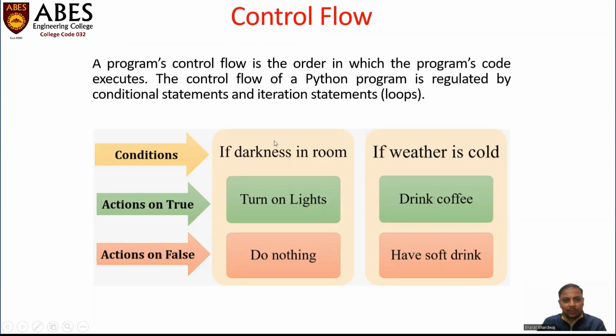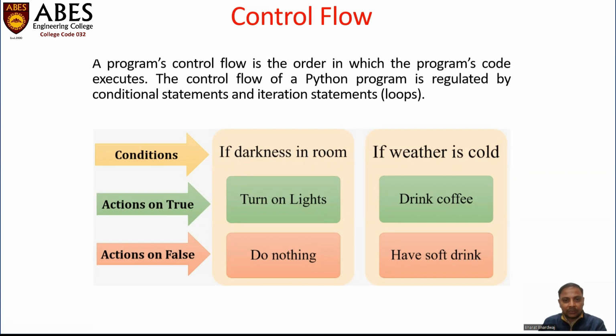For example, I have a room, and if there is darkness in the room, then we can perform some sort of task. If there is darkness in the room, then we can turn on the light. If there is no darkness in the room, then no need to do anything. I'm deciding this based on the situation.